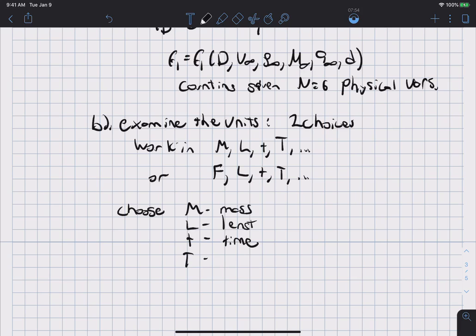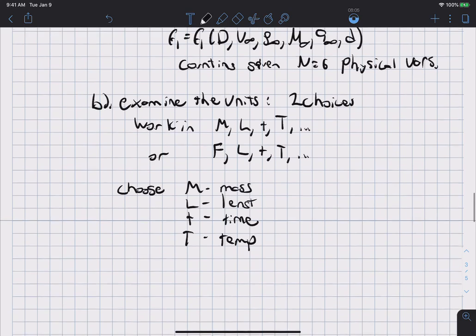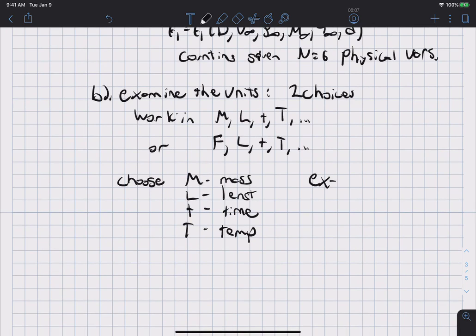Okay, and T for temp if you're working with temperature. Okay? And then you examine the units of all of the physical variables.